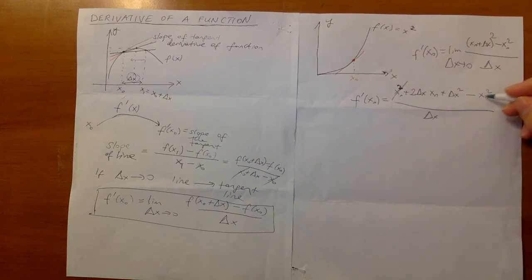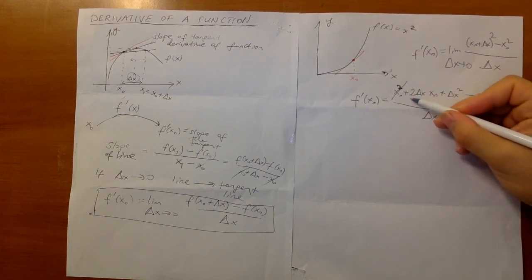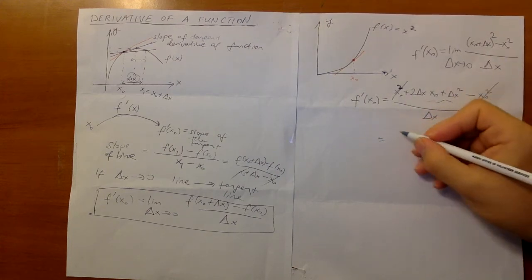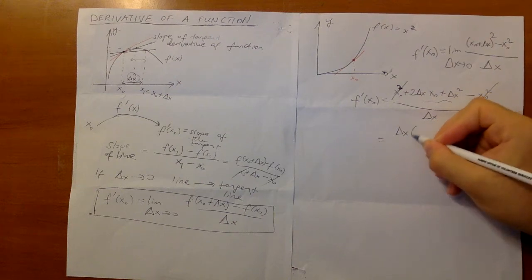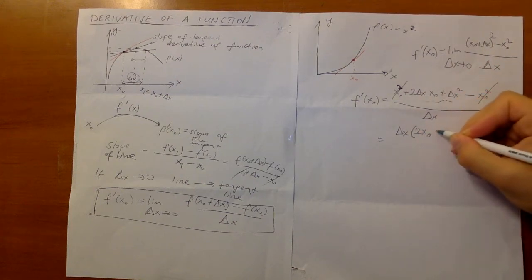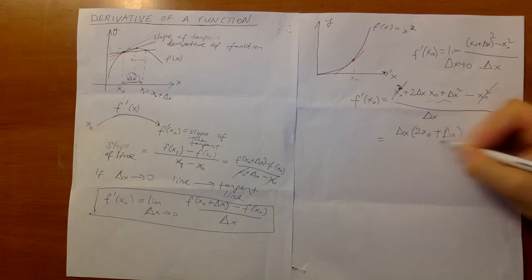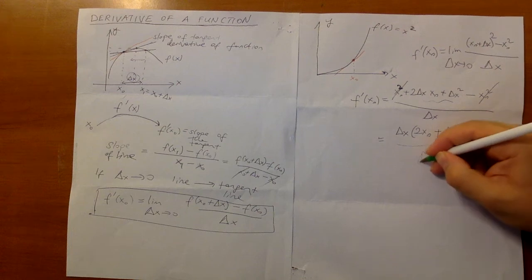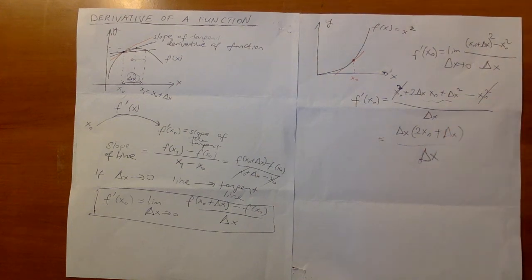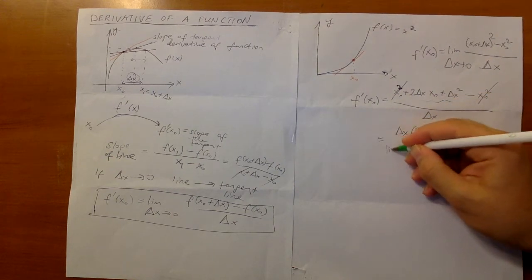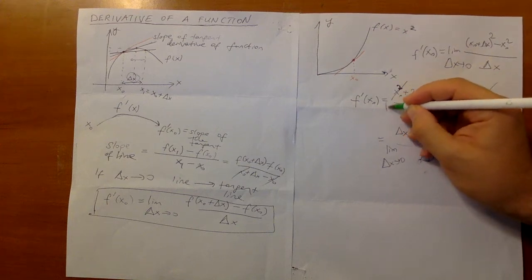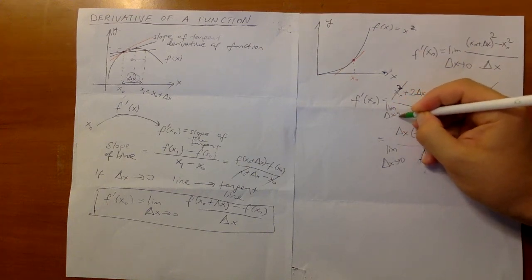The x0 squared terms cancel, and in this expression you can take delta x out in parentheses, so it's going to give you delta x times 2x0 plus delta x, divided by delta x. Now, although this is still 0 divided by 0, we need to calculate as delta x approaches 0.